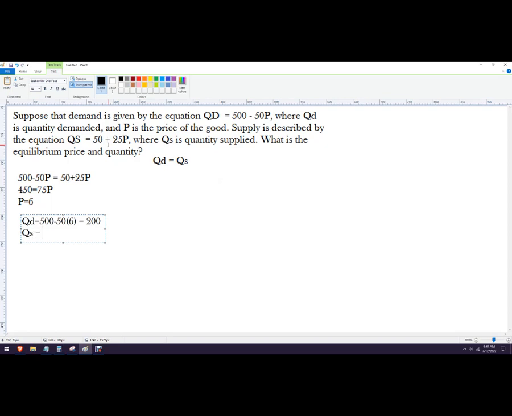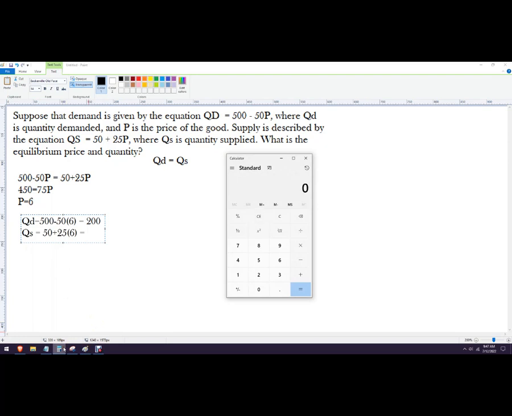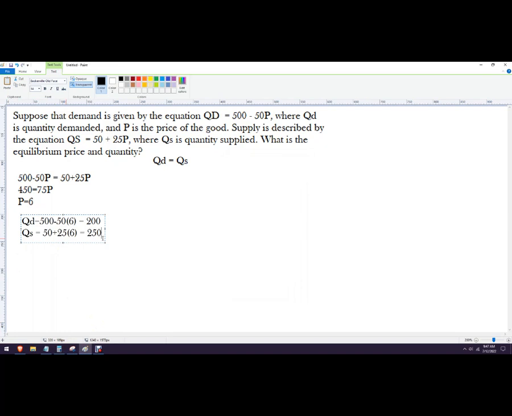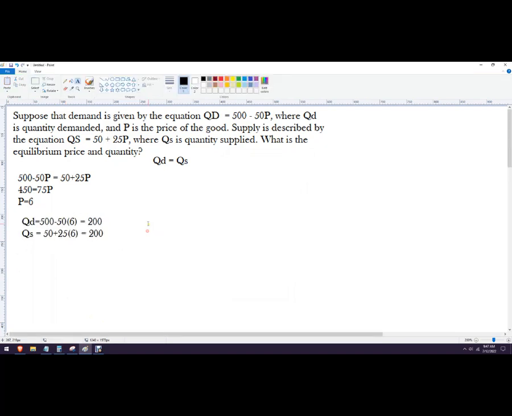It would be the same thing. So this is 50 plus 25 times 6, and 25 times 6 is 150. So that would also equal 200. So I'm good there. That's the answer to this: equilibrium price is 6 and equilibrium quantity is 200.